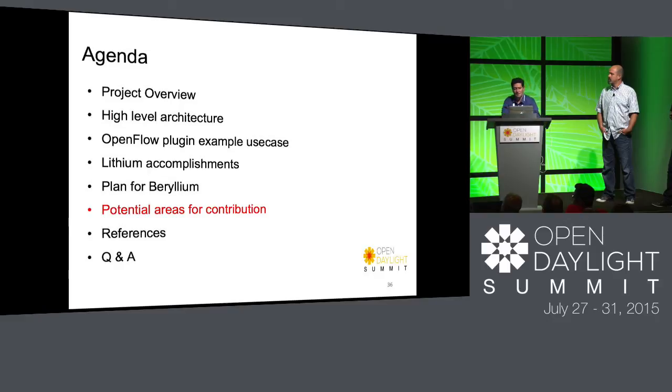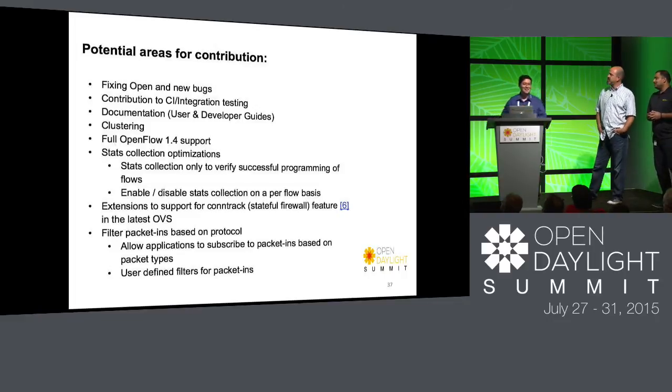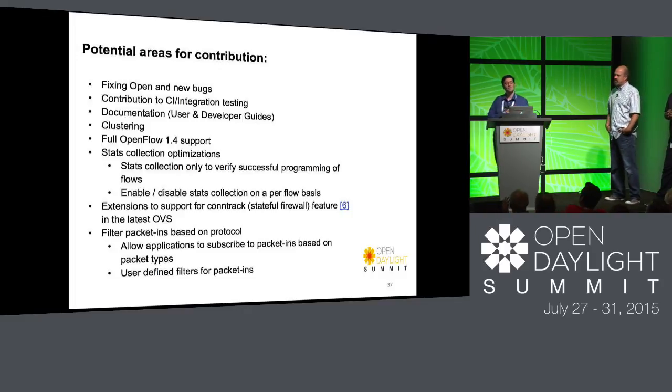I think this is the main thing that we have, potential areas of contribution. I guess there are a lot more areas of contribution, but these are a few of the things that we really require some community help with. One of the most important would be fixing open bugs. We would like help with contributions to the CI and integration testing.